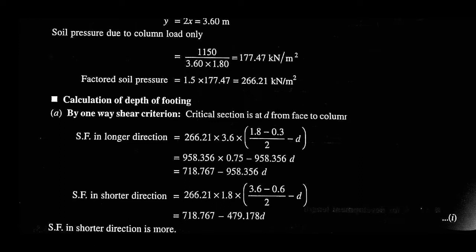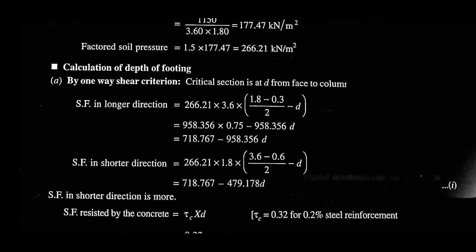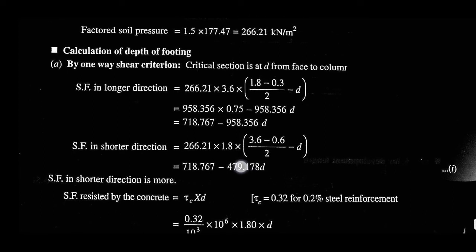So that is equal to 266.21 into 1.8 within bracket 3.6 minus 0.6 by 2 minus d, that is equal to 718.767 minus 479.178 d. So this is equation 1.